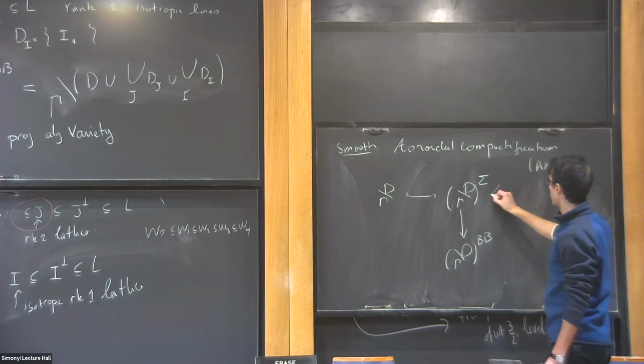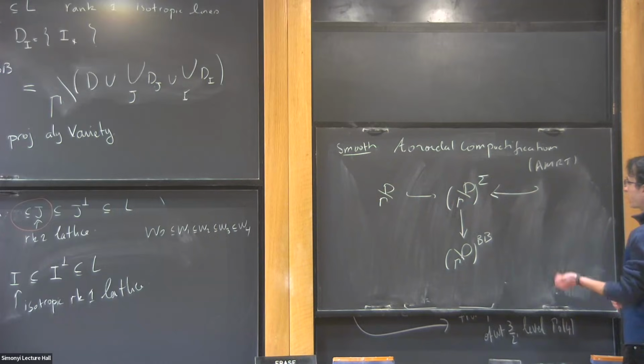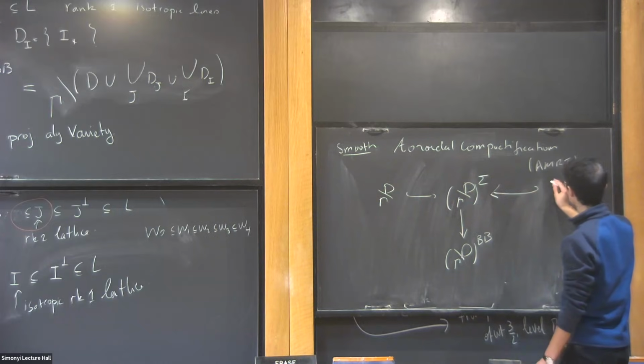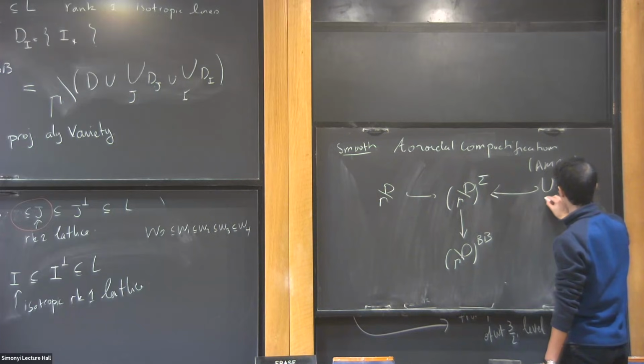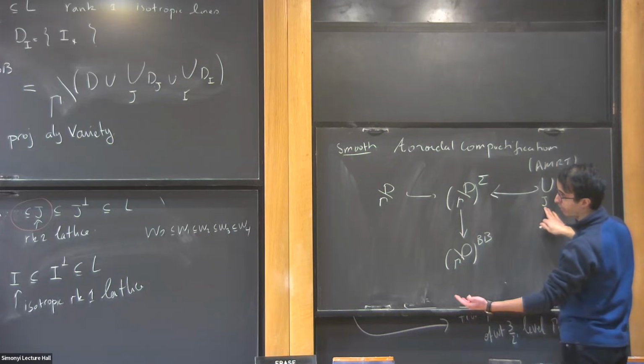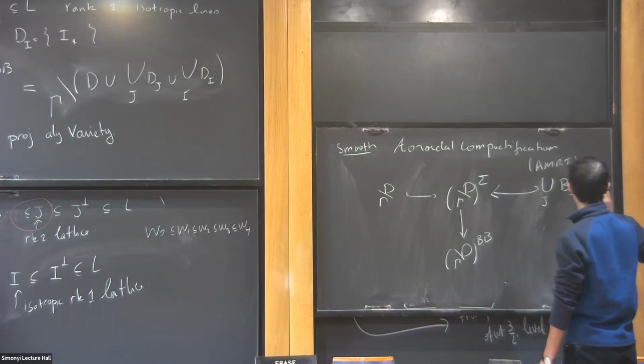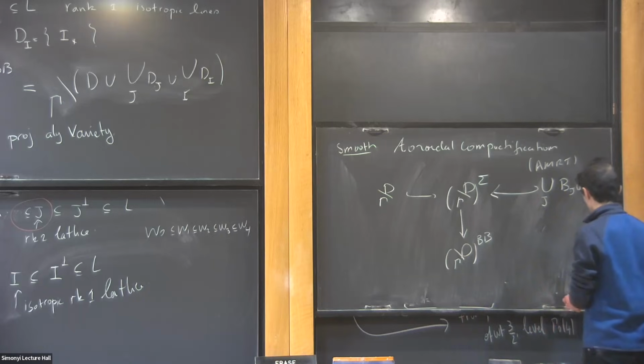And the boundary of this compactification will depend on the equivalence classes of rank 2 isotropic lattices J, and rank 1 isotropic lines, with extra data that I will now describe.